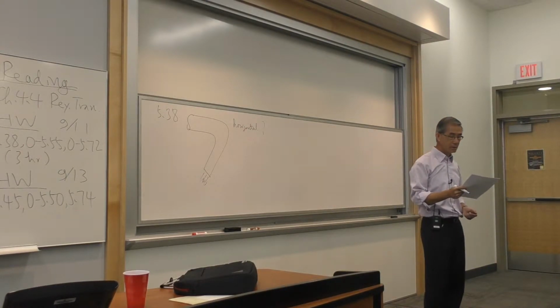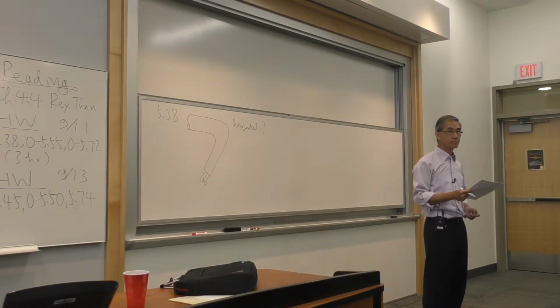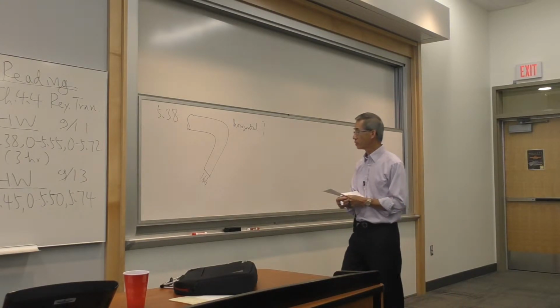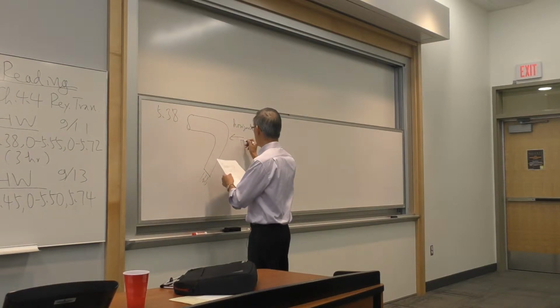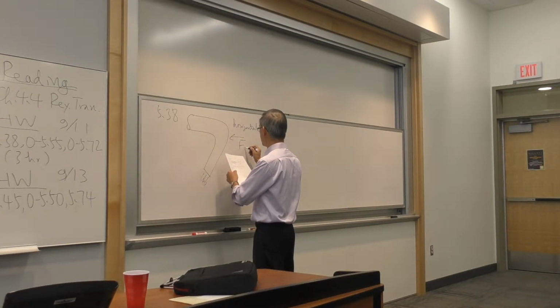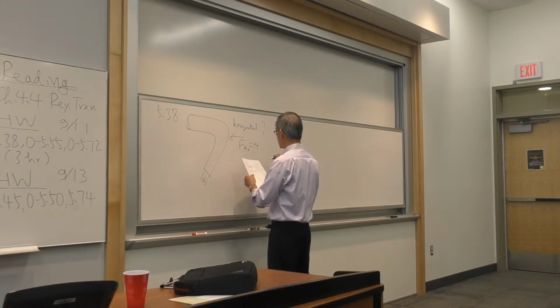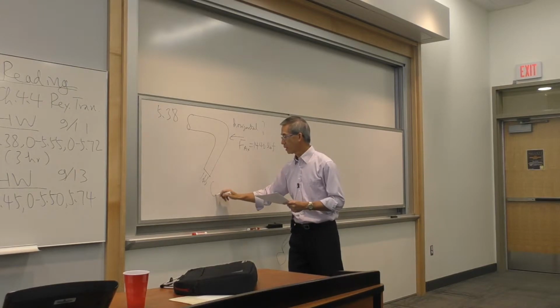I hope you know what that means. It's somewhat of a reverse problem in that the force is given in the problem statement, and you're asked to find the flow rate.